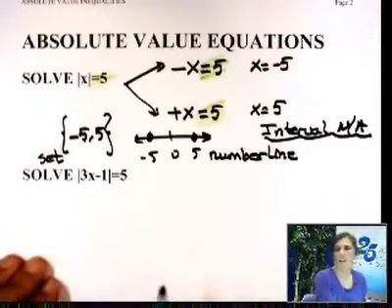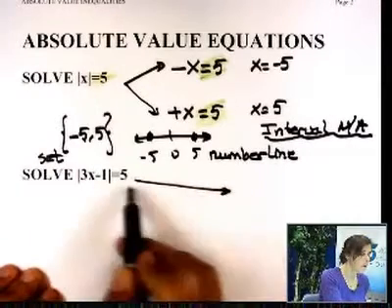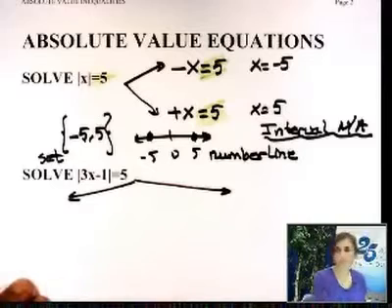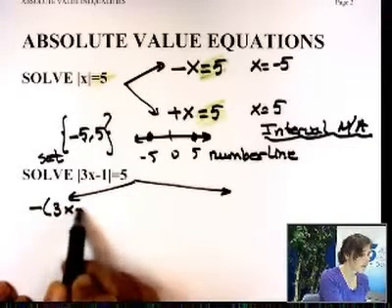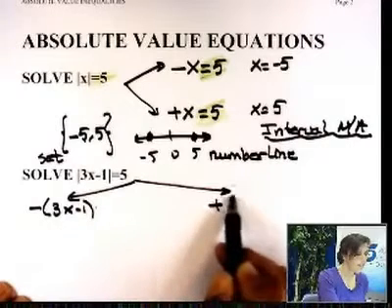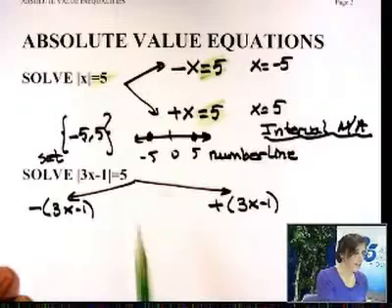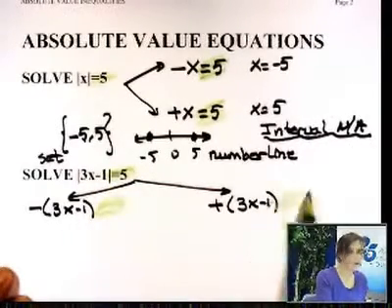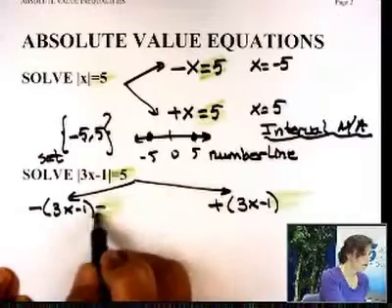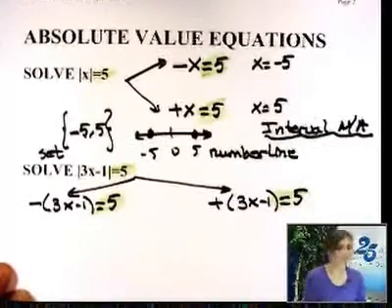Let's look at this. The same way. You're going to have two parts. One is the negative part, put parentheses around it. One is the positive part, put parentheses around it. Then write down this equal part, equal 5, and solve.